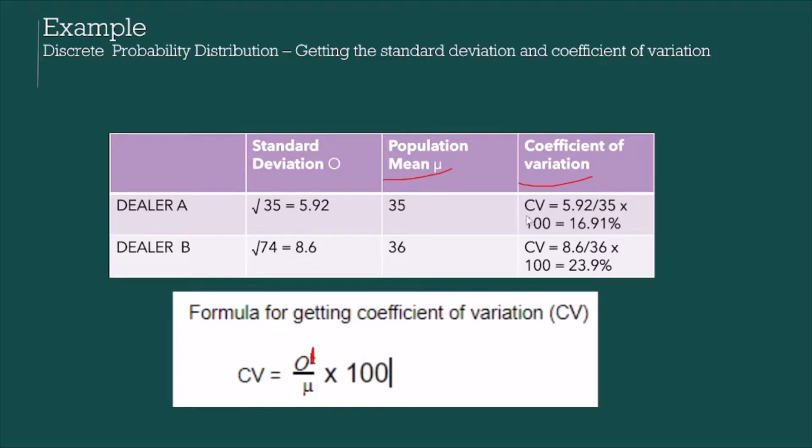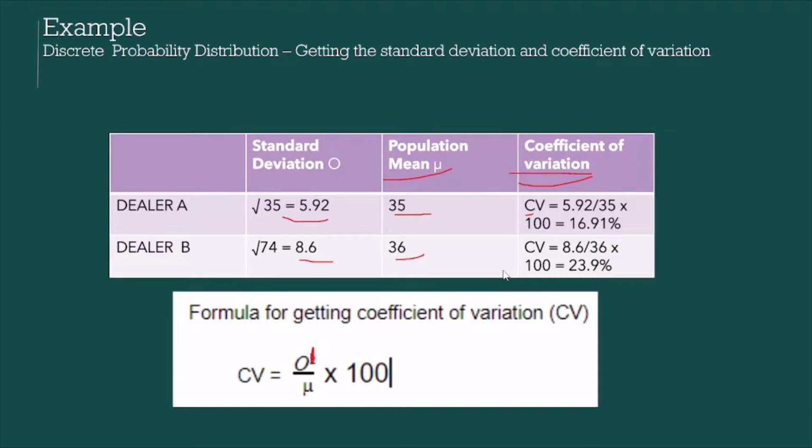So CV equals 5.92, the standard deviation, over 35, which is the population mean, times 100, is equal to 16.1%. Now here CV equals 8.6, which is the standard deviation, over 36, which is our population mean, times 100 equals 23.9%. That's how we get our coefficient of variation.